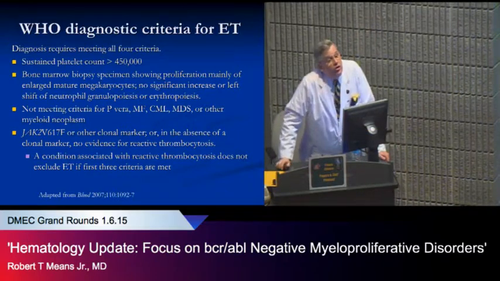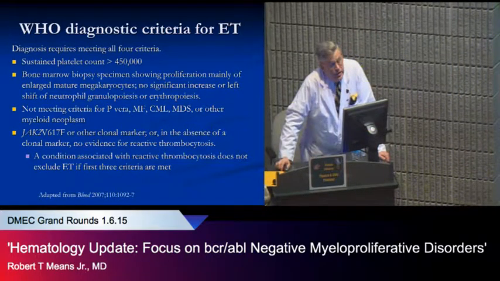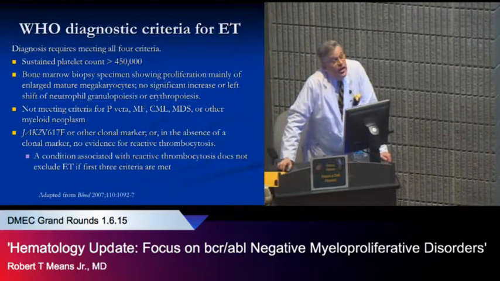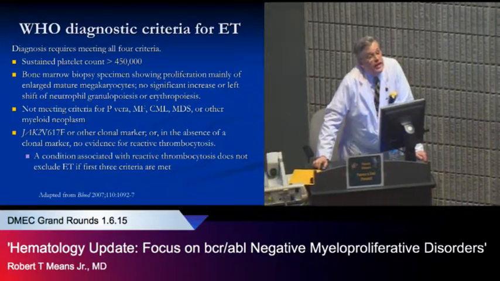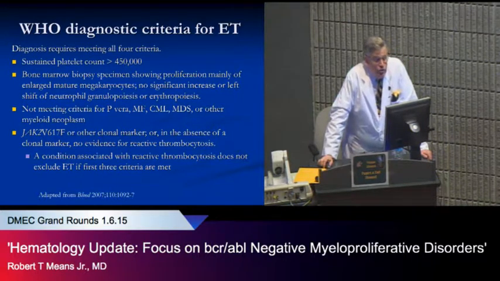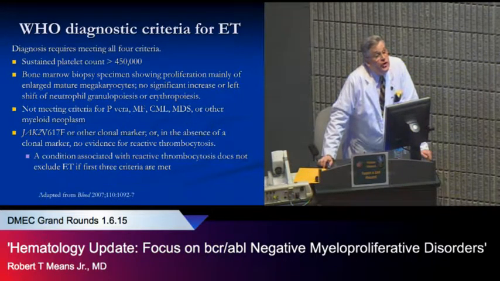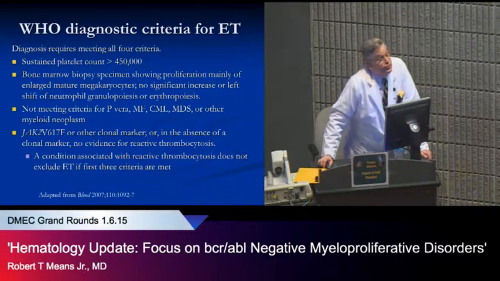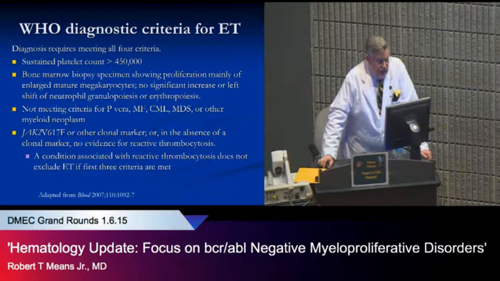Now, what are the World Health Organization criteria for essential thrombocytosis? You have to have a sustained platelet count that is above the upper limit of normal. You have to have a bone marrow biopsy that basically shows increased megakaryocytes and no dysplastic changes.